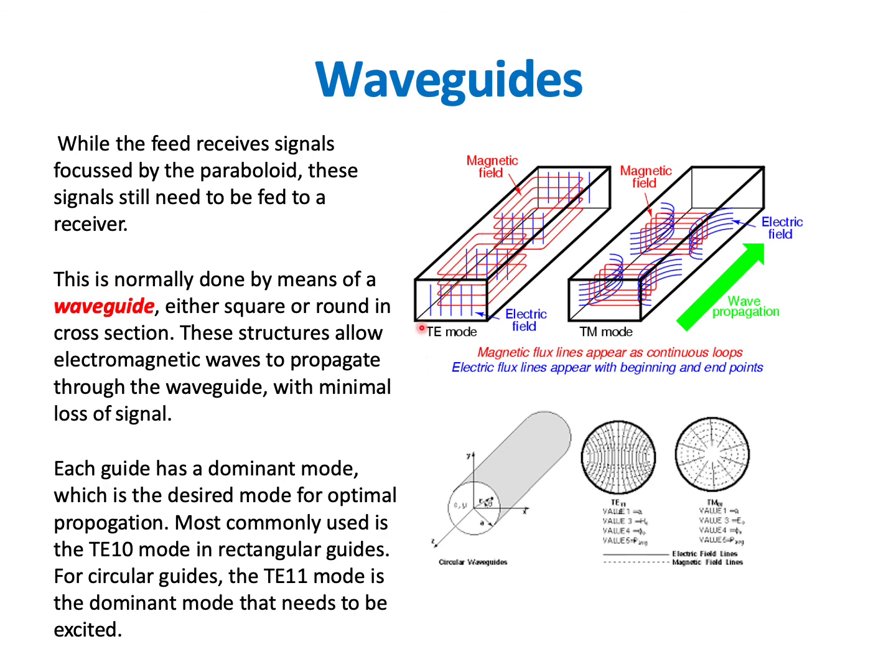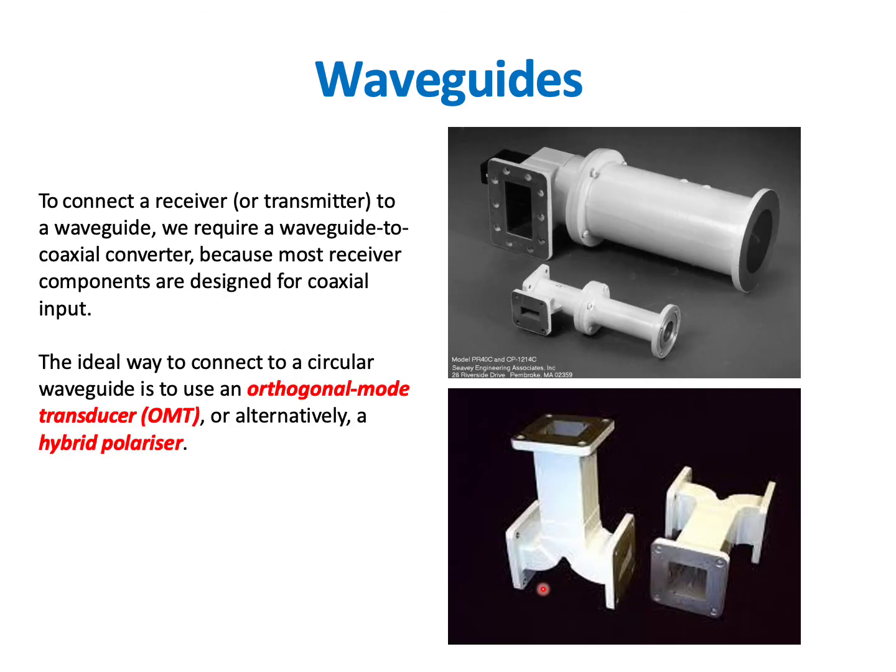So these waveguides are generally either rectangular or circular, and there's a number of different modes that they're tuned to allow to pass through them with minimal loss of signal, because of course you don't want to lose any of your signal transporting it around.